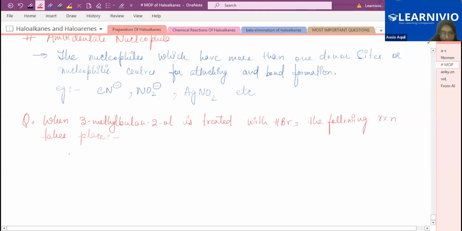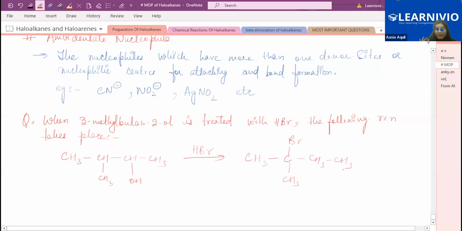First reaction, CH3, HBr, and the product is also given. Where is CH3, CH3, CH3 attached over here?